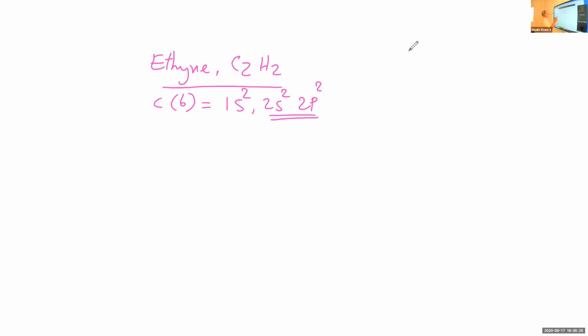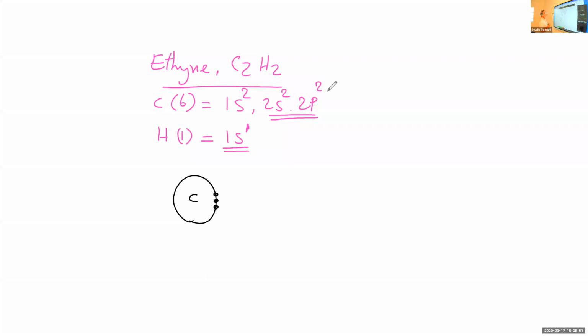Okay, let us see. Hydrogen, atomic number 1, and it is 1s1. Only 1 electron. Here we have 4 electrons. And the electron dot structure of an ethyne molecule will be like this. Carbon atom, the outermost shell, there will be a triple bond between the carbon atoms.